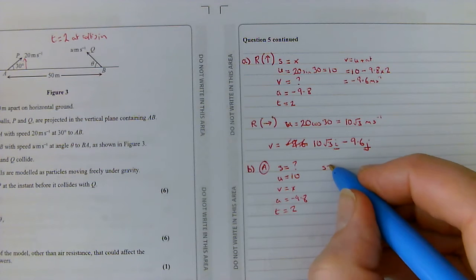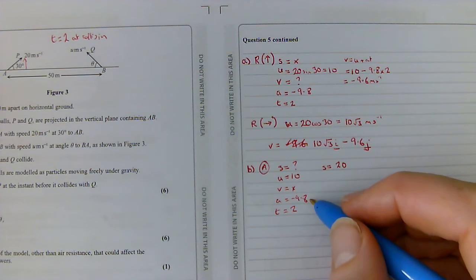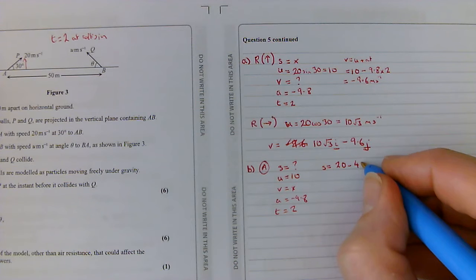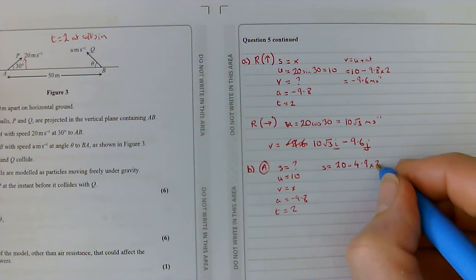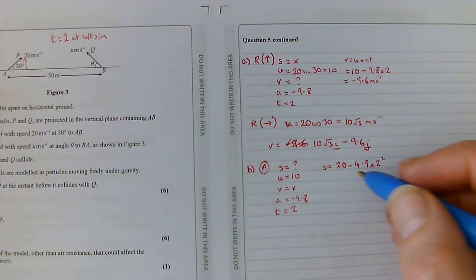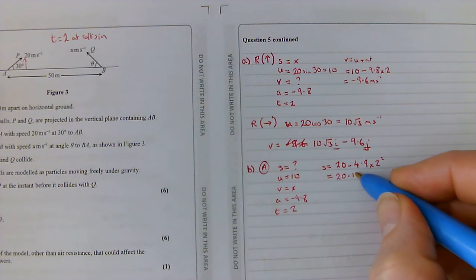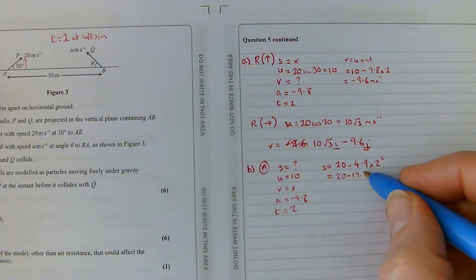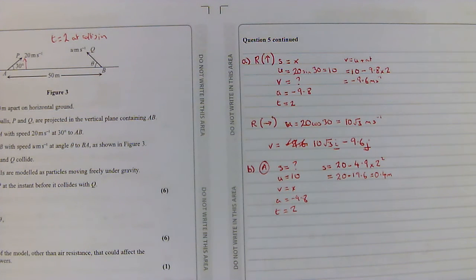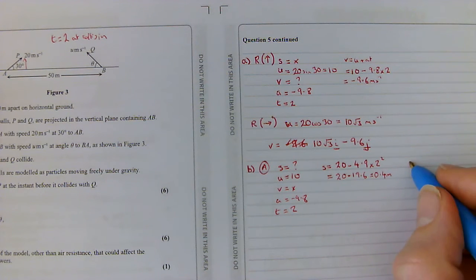So S is going to be UT, which is 20, minus a half times 9.8, so minus 4.9 times 2 squared. So that's going to be 20 minus 19.6, which is 0.4 meters. So they're going to collide 0.4 meters above ground level.